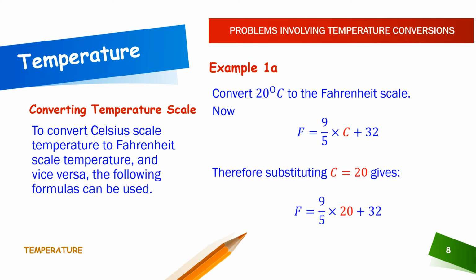Therefore, substituting C equals 20 gives us that F equals 9/5 times 20 plus 32. And this, when resolving on a calculator, gives us that F equals 68 degrees Fahrenheit.